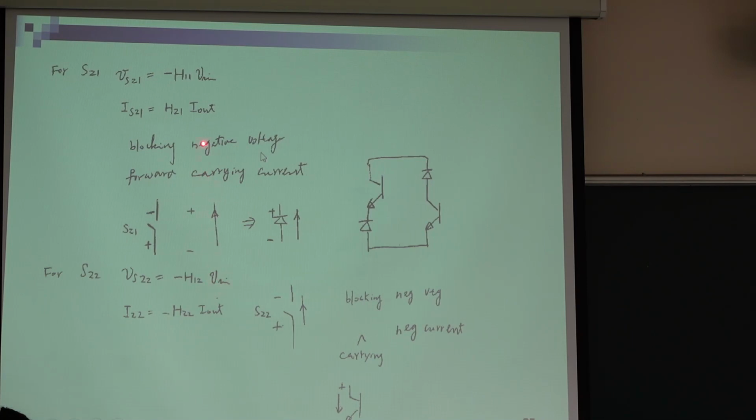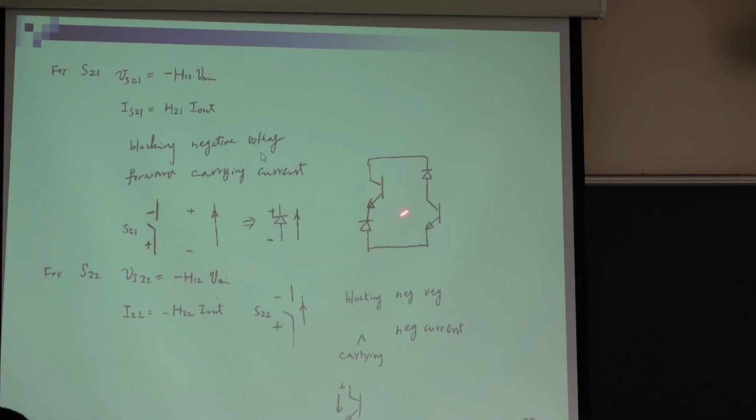So what kind of device, when you turn off, it is positive, negative, and when you turn on, it goes this way? So it is a diode. So this is transistor, then this is diode.